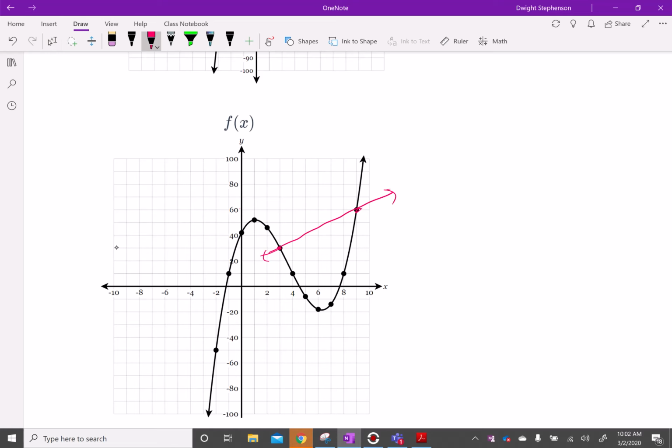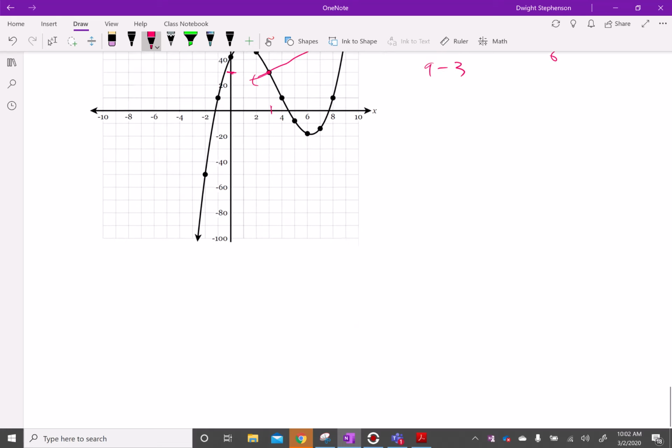We're changing from 30 to 60, so the change in y is 30, 60 minus 30, and the change in x, we went from 3 to 9. So we're gonna have 30 over 6, which is 5, right? So the average rate of change of f of x is 5.